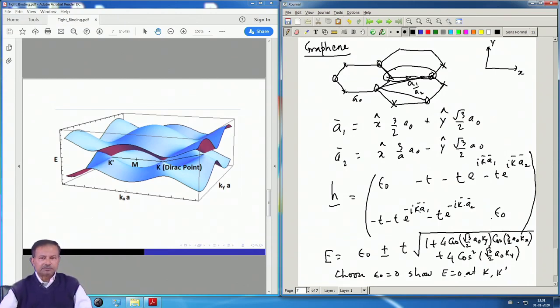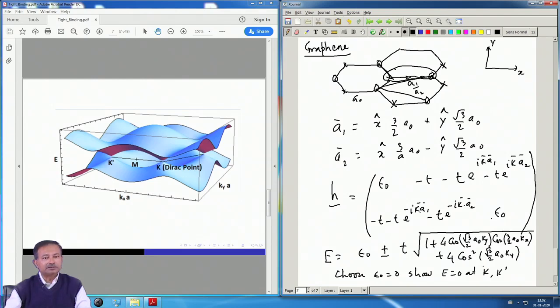So, that is an exercise you can do, and the other exercise, which is a bit more complicated but you can still do it, is to make a Taylor expansion, for example, about that point, k or the other point k prime, of this Hamiltonian.